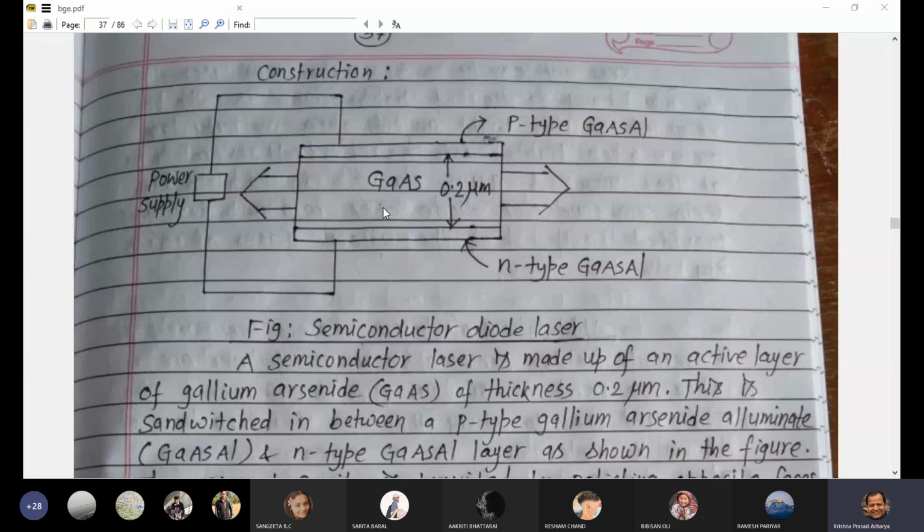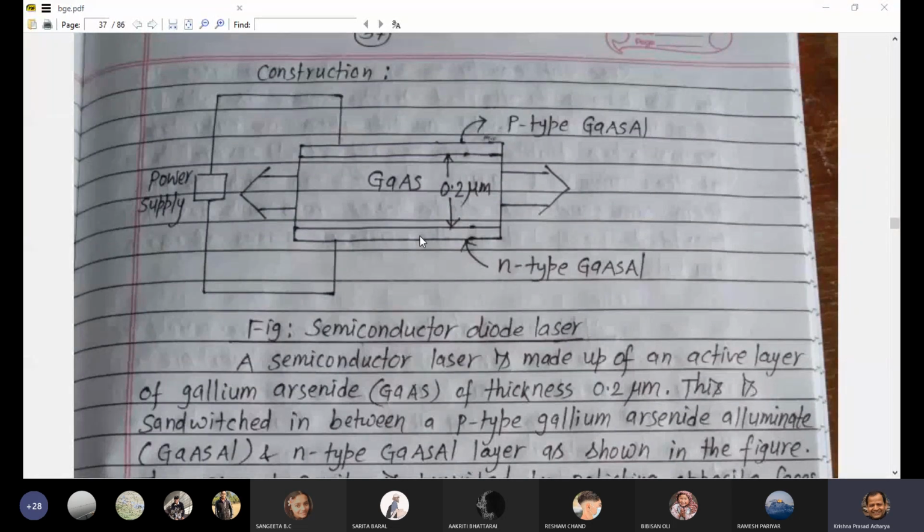When the current is passed through the PN junction diode in forward biased condition, the excess number of holes from P region move towards the N region. And what are the excess charge carriers in the N region? In N region, electrons are the majority charge carrier.